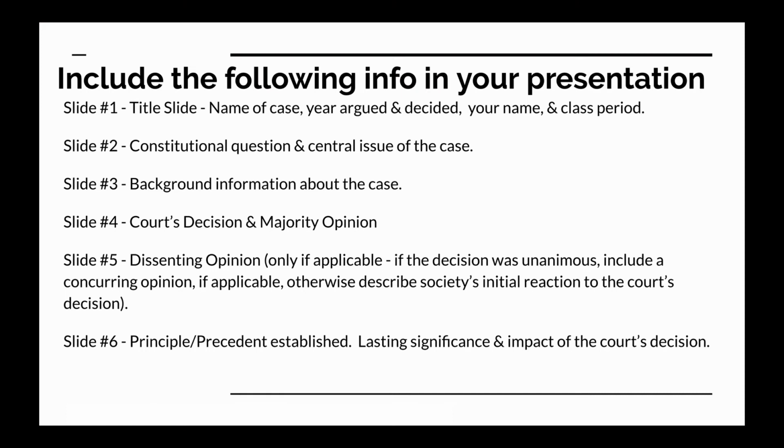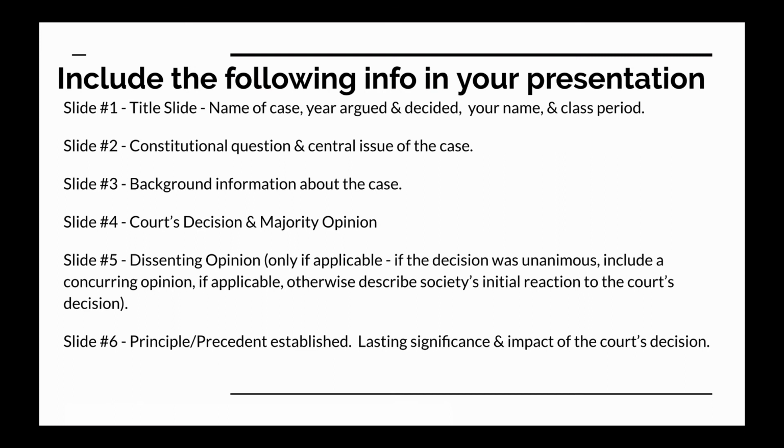And you know what a concurring opinion is from our previous unit. If there were no concurring opinions, you could instead substitute what was society's initial reaction to the decision, as it was a truly unanimous 9-0 ruling. So no matter what, everyone is going to have slide 5. For a great majority of you, though, you're going to be talking about the dissenting opinions on this slide.